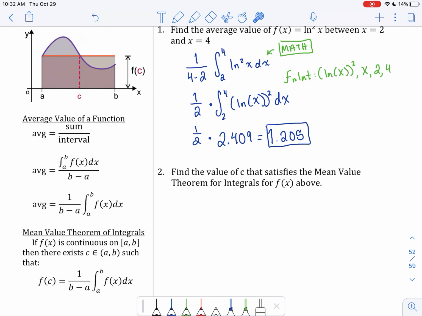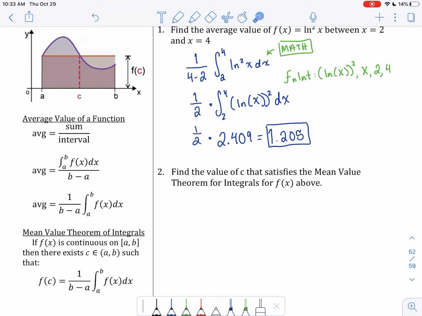If we're looking at the picture up here, this average value crosses the function at least one place. So there exists at least one c. A common question would be: find the value of c that satisfies the mean value theorem for integrals using the function above.